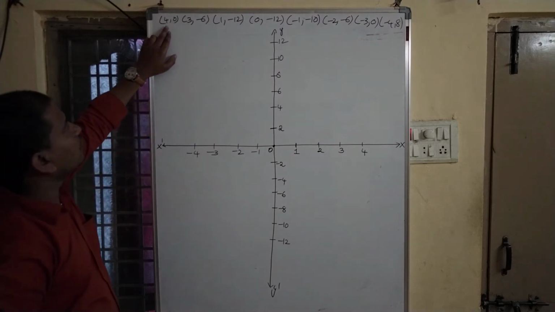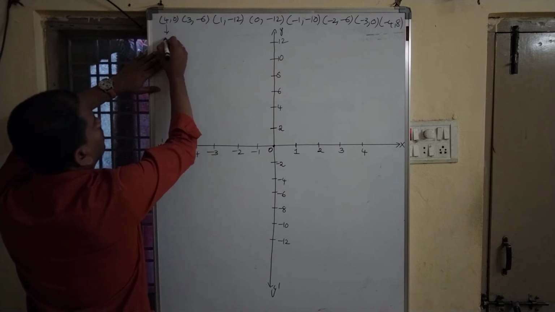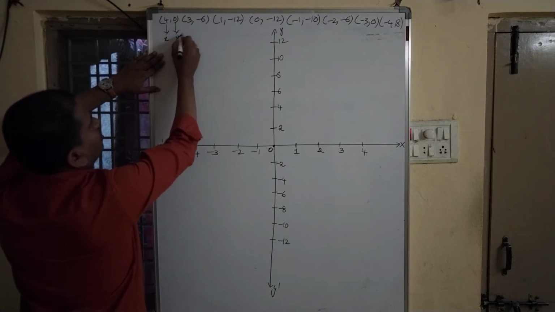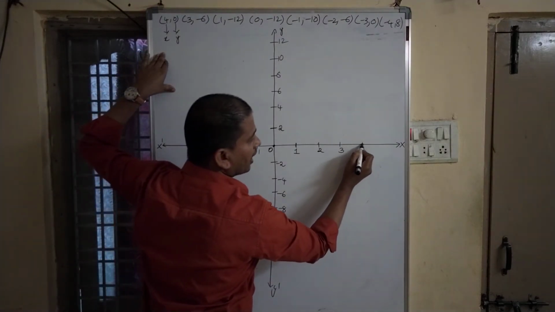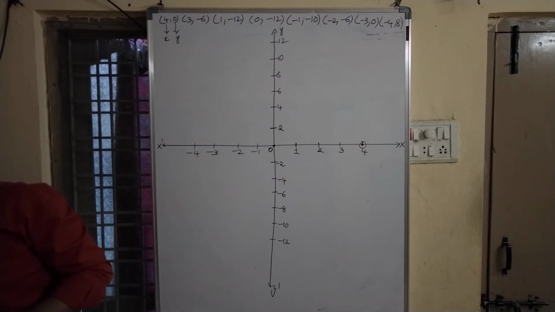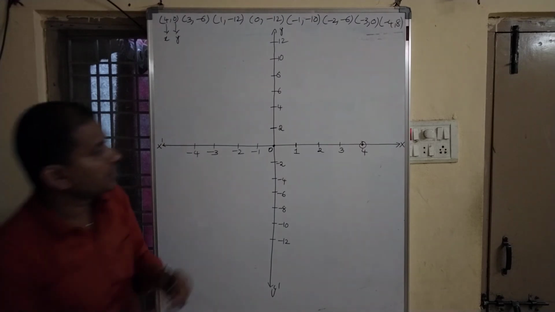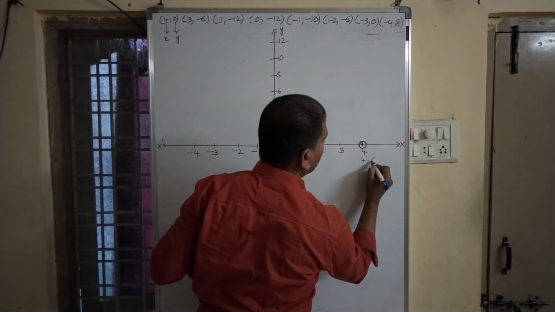The first one is 4, 0. On x-axis 4 and on y-axis 0. Where is 4? On x-axis 4 is here and 0 is that point only. This is our 4, 0.